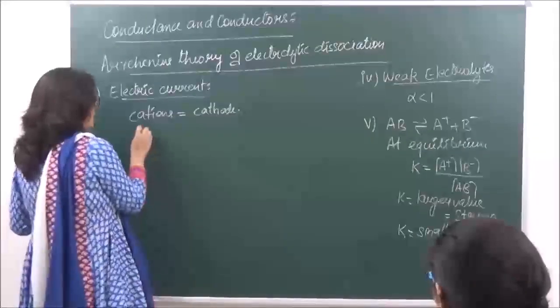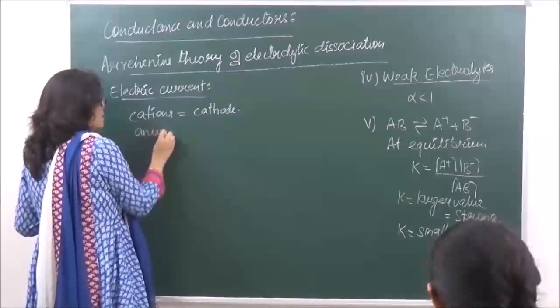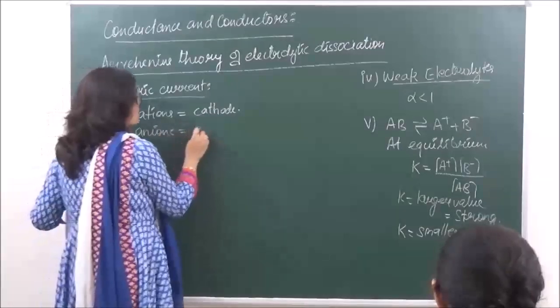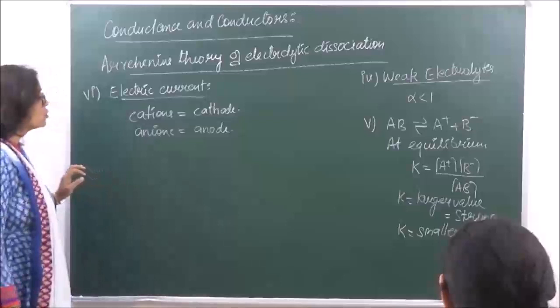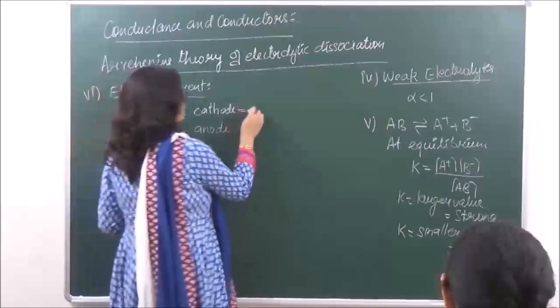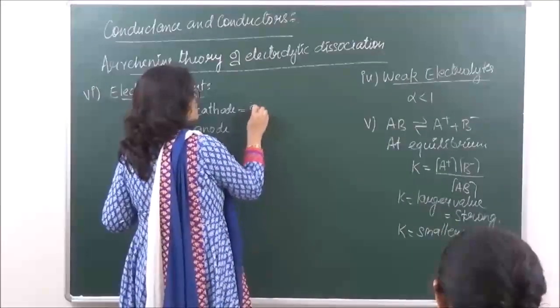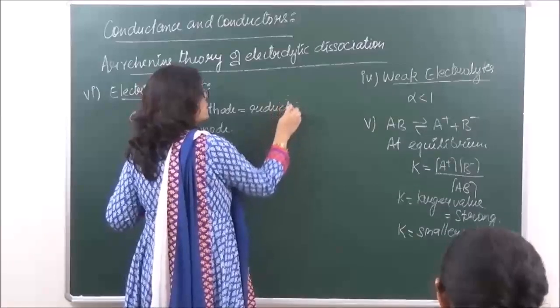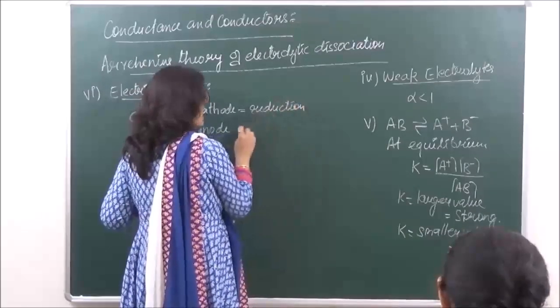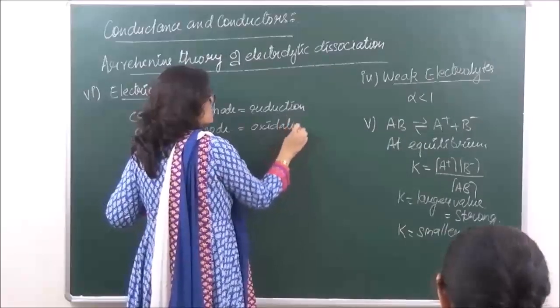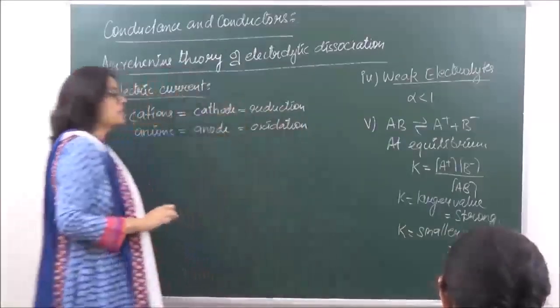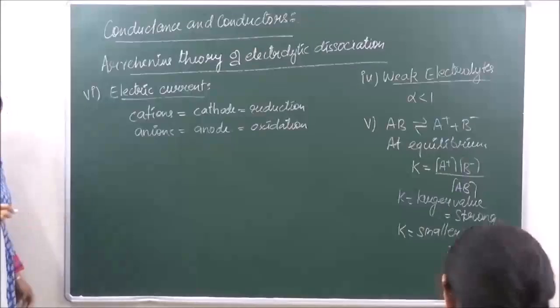This we have already done. And anions move towards the anode. We also know that at the cathode reduction takes place, and at the anode oxidation always takes place.